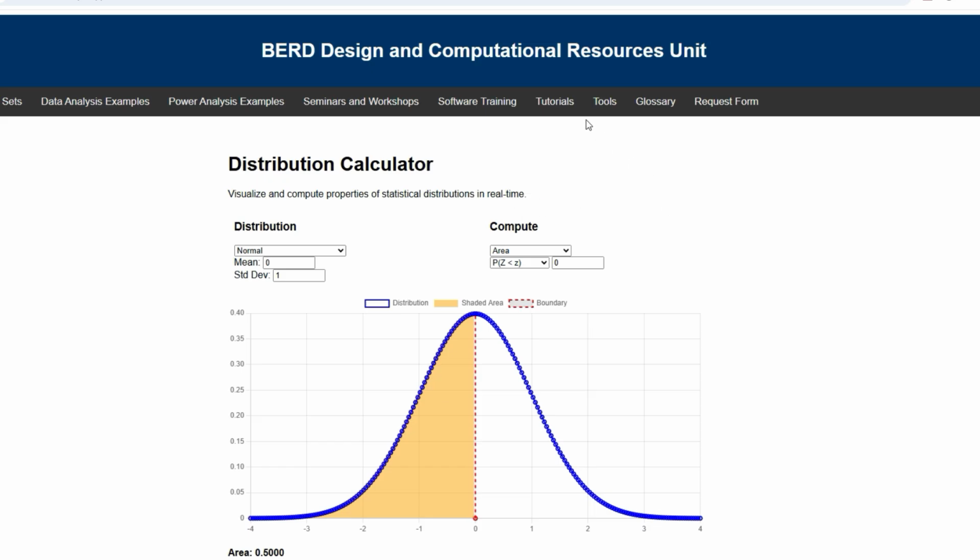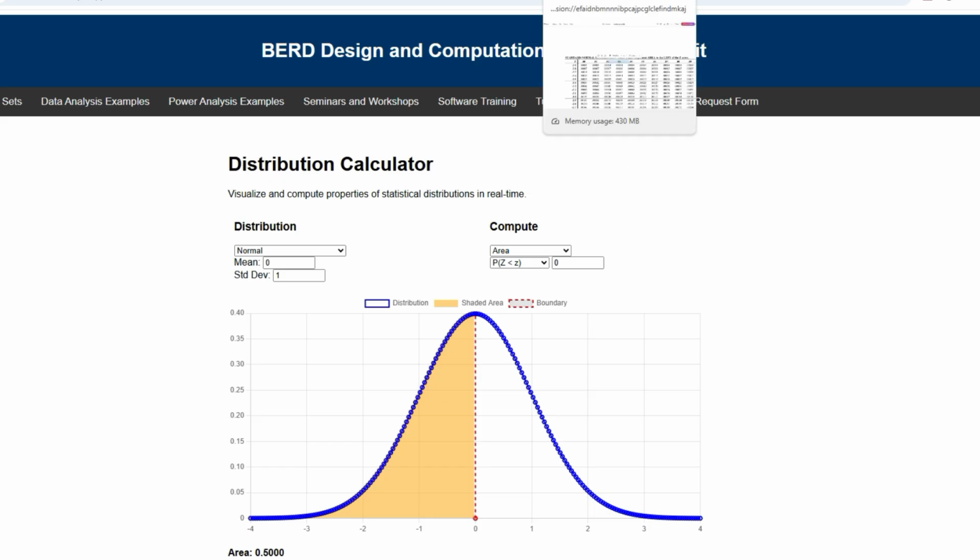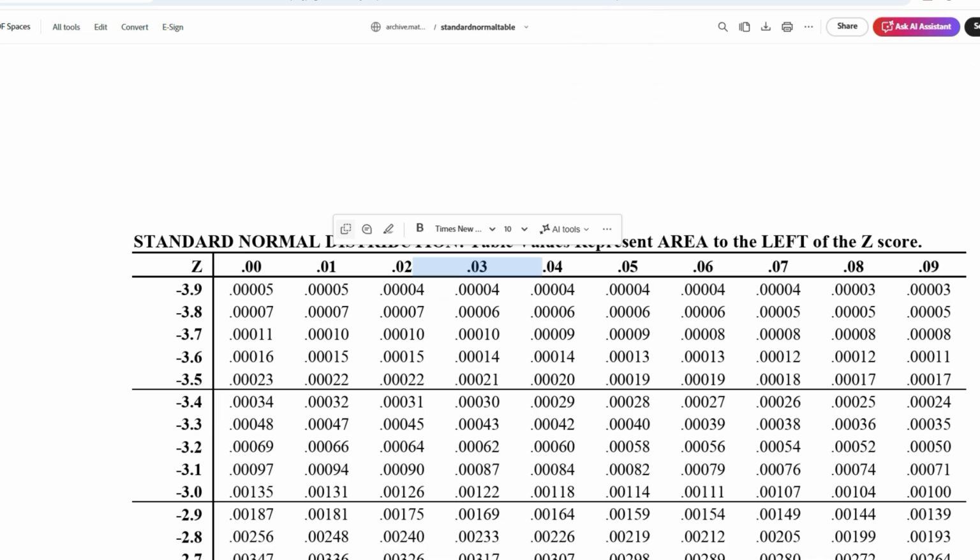Now, to compare and contrast this calculator with what a student would typically encounter in their introductory statistics course, I just want to bring up a standard normal table that a student would have to master to be able to calculate areas from a normal distribution.